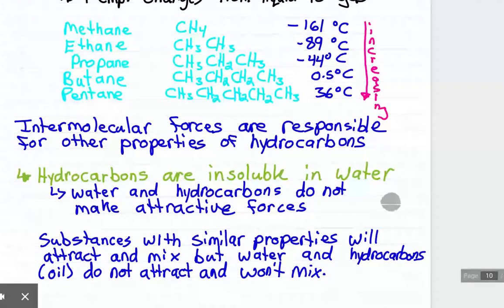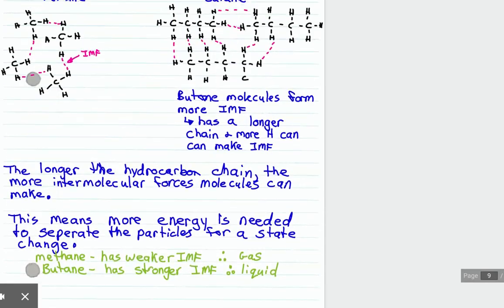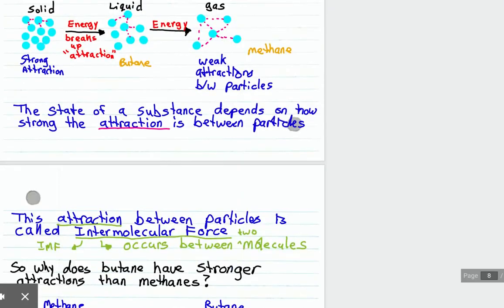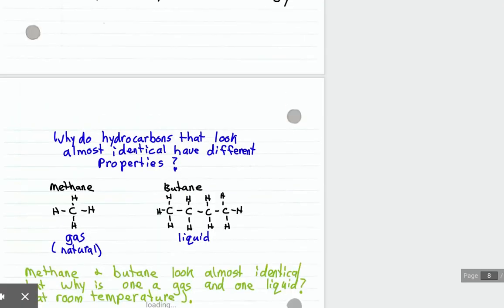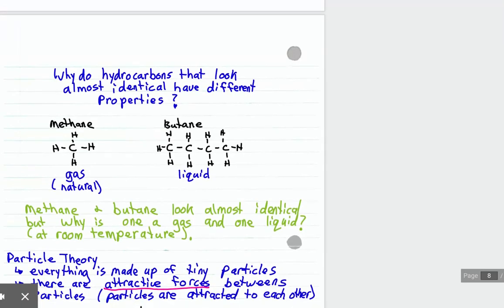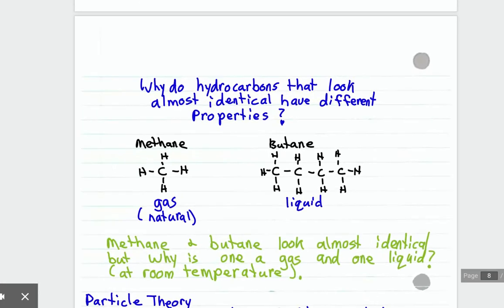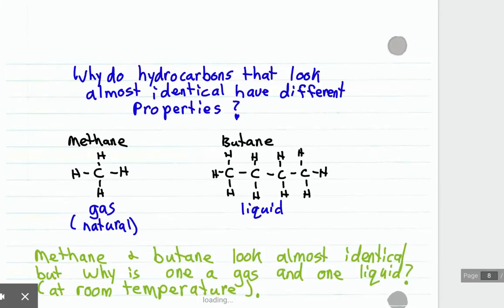Okay. So that explains to us why our hydrocarbons have such a wide variety of properties and uses when they look almost the same. So when they consist of only carbon and hydrogens, why are some of them gases? Why are some of them liquids?